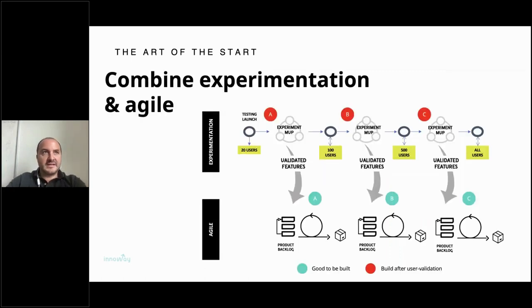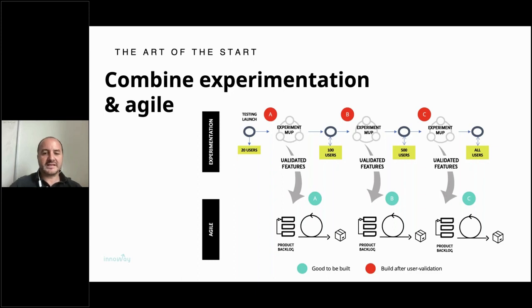And finally, combine experimentation with agile. Once you run the design sprint, you realize that there are certain things that need further validation, and you can use more of a lean startup approach where you run experiments and MVPs. For those of you who are not familiar, MVP means minimum viable product, and it is a way to validate or invalidate hypotheses behind customer needs.